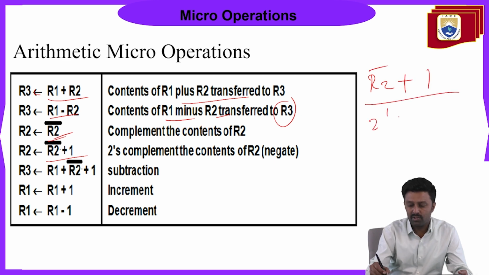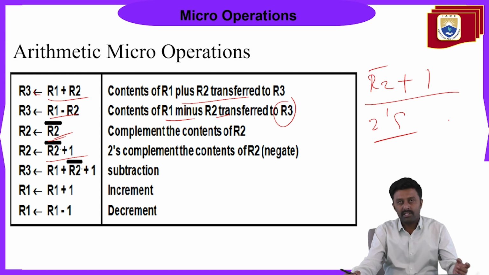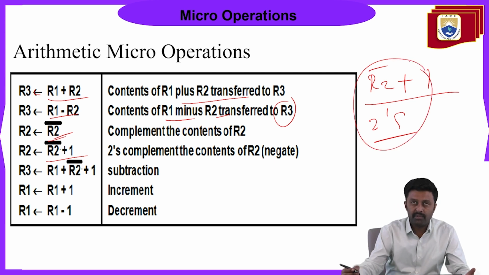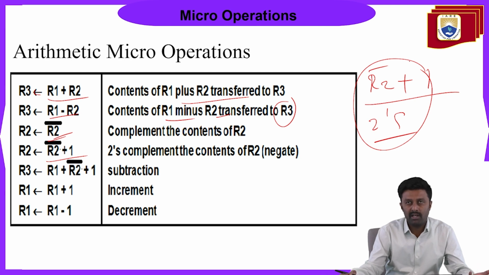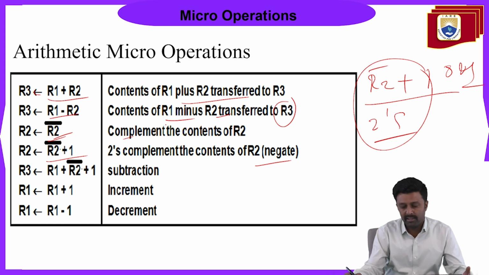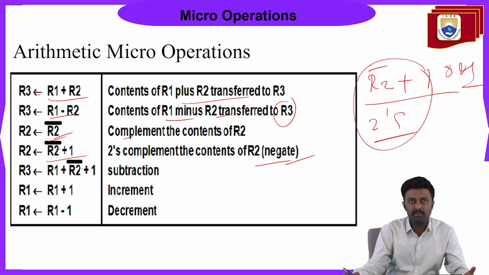So this is called the 2's complement of the number, which is used to negate a number, because the data stored in the computer will be in the form of zeros and ones. So to negate a number, we have to perform this complement, and we have to add 1. Then the positive number is converted into the negative number.